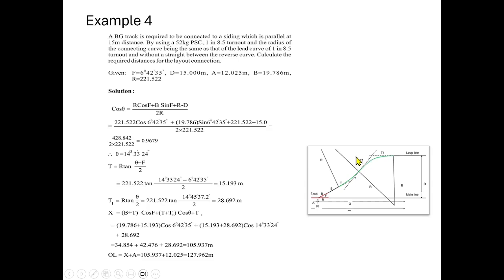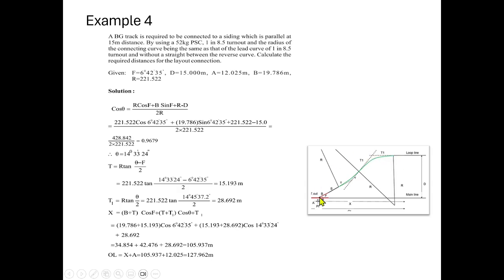So this angle is actually theta, because from the earlier derivation we got this is actually theta. Using this deflection angle, we can find out the tangent length T1, and using the same radius R, T1 equal to R tan theta by 2. So this tangent length T1 equal to 28.692.